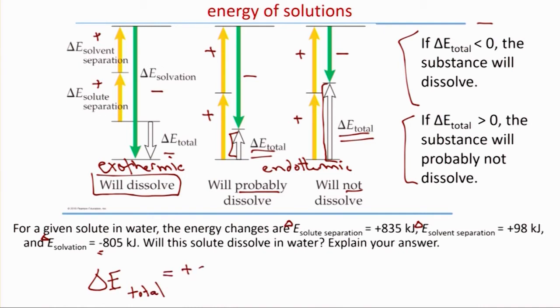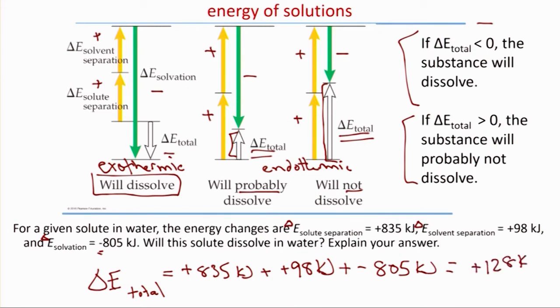So we have positive 835 plus a positive 98 plus a negative 805. Add those together, and I got a positive 128 kilojoules. And so I would say this most likely will not dissolve.